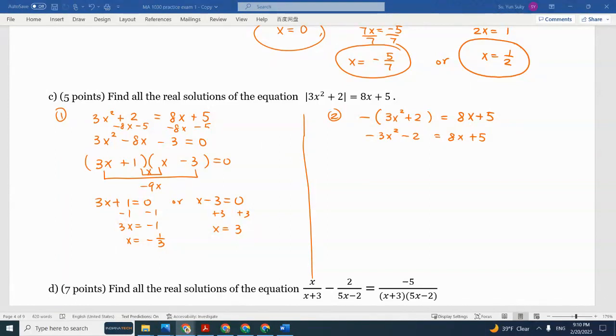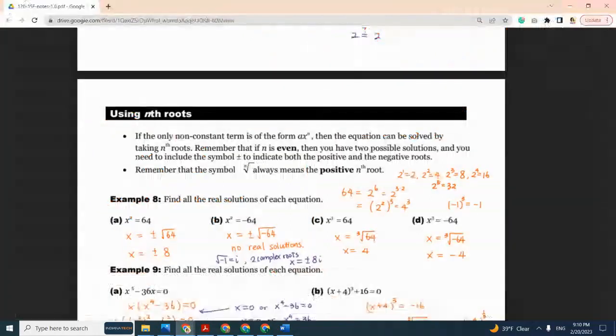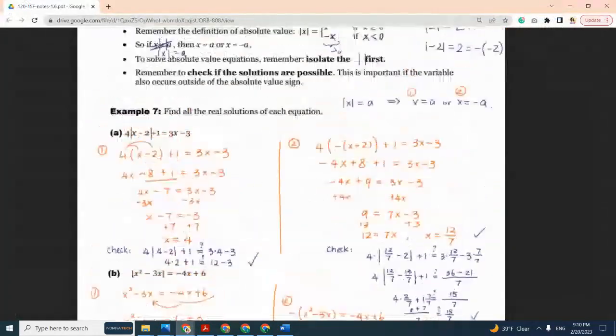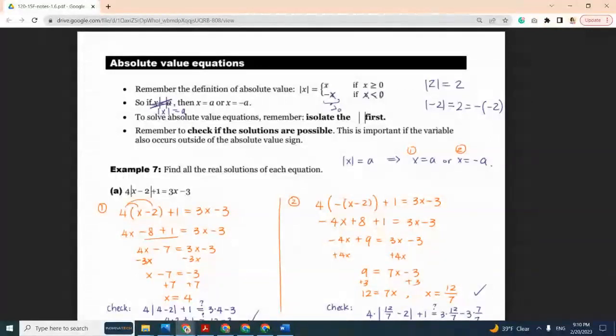Let's see. Questions. Why do we replace it with parentheses? That's the rule. Remember 1.6? When you break an absolute value, can you see my mouse? My mouse is moving here. When you break the absolute value of x equals a, well, it could be a, it could be negative a. So you have two possibilities.